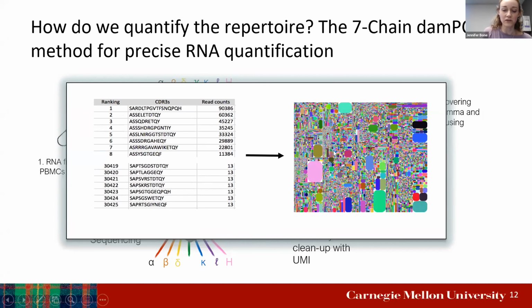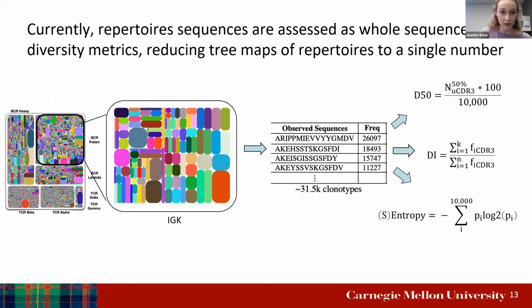So here you can see this patient has a pretty diverse repertoire, and this is all their T cell and B cell receptors combined together. You can see there aren't too many large rectangles here, which demonstrates that there isn't a selection for a specific CDR3. But perhaps that might be different in patients that are battling some type of cancer, like renal cancer.